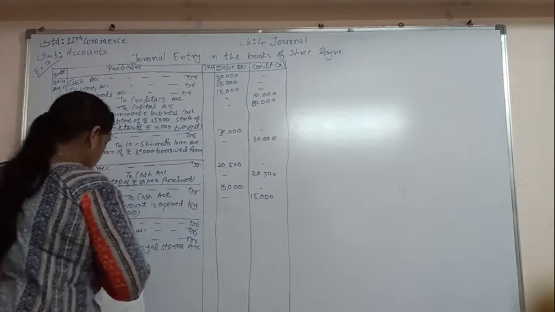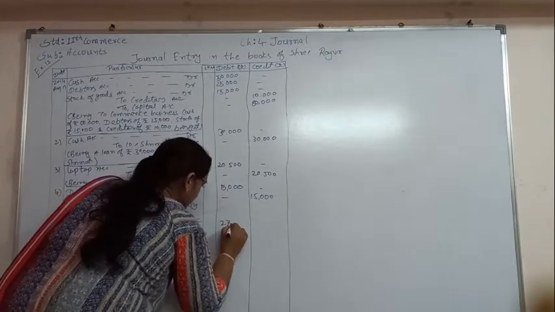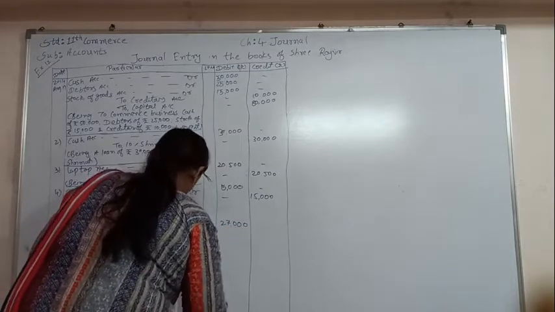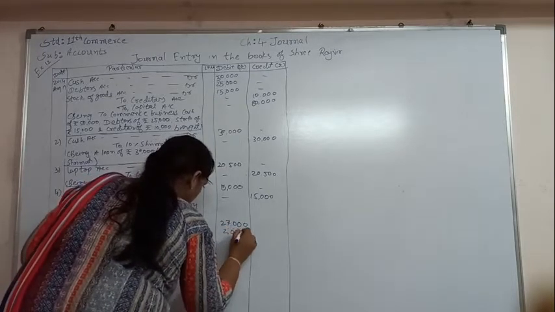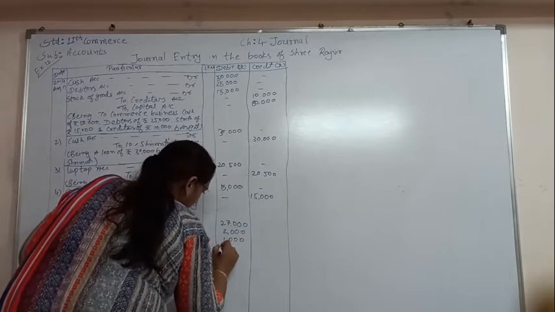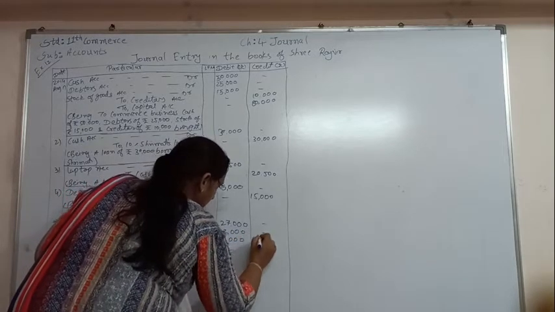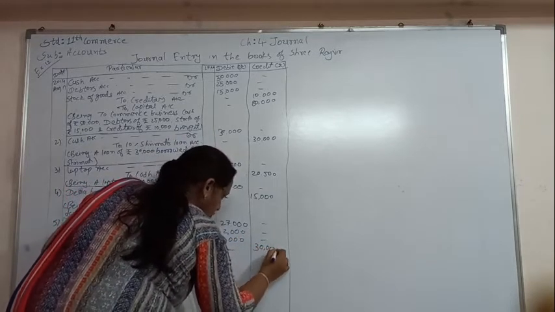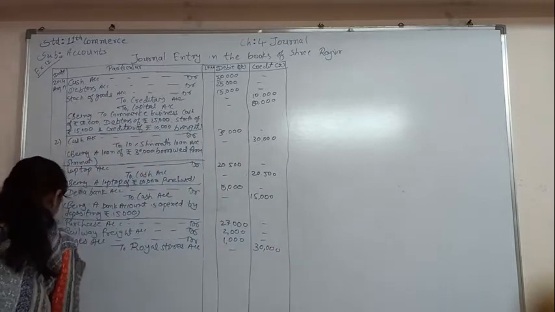So here our purchase is 27,000 and railway freight is 2,000 and wages is 1,000. The total amount is 30,000 that we are supposed to pay to Royal Stores.